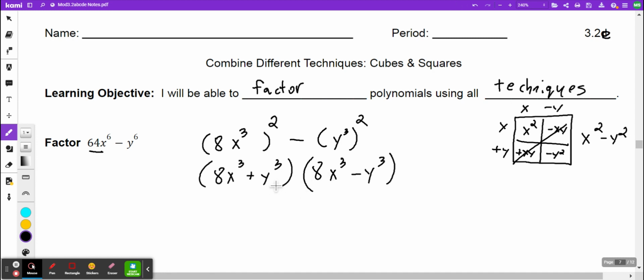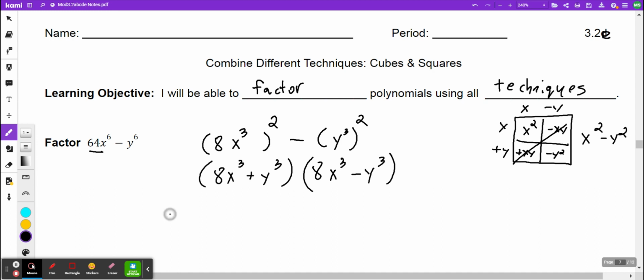Now, why would I want to do this? Well, now I can go like this. I'm like, hey, look, I have the sum of cubes right here. I can figure this out. I know that 2 times 2 times 2, so 2 to the third power, is 8.